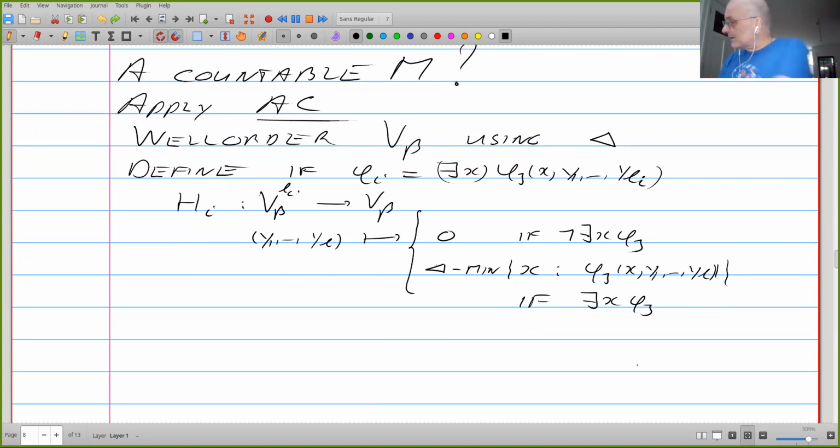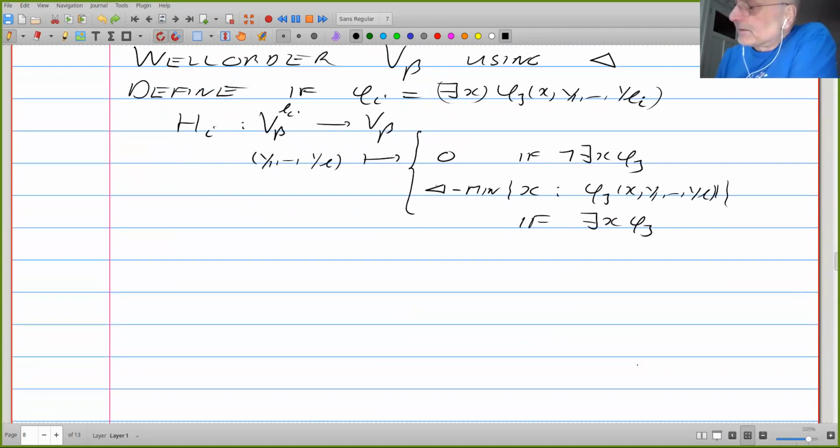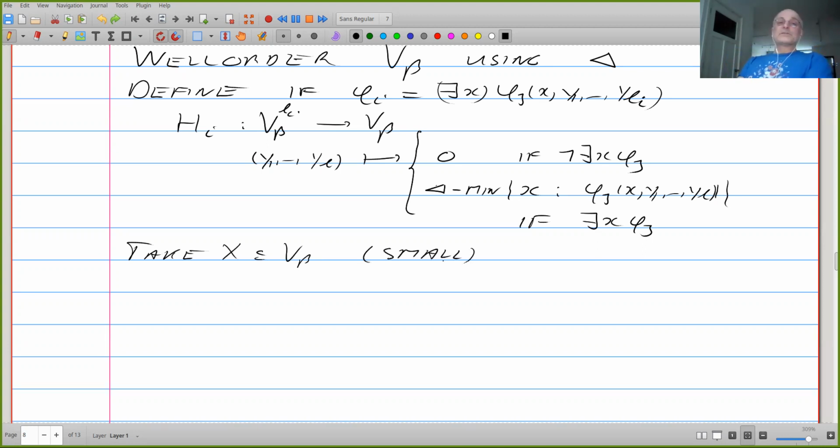Now what? We could even take a small subset X of V beta, meaning that the cardinality of X is not too big.